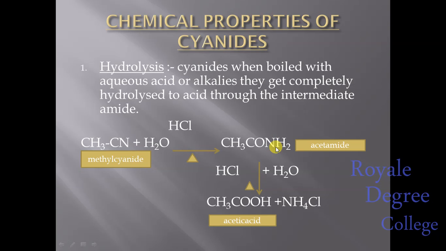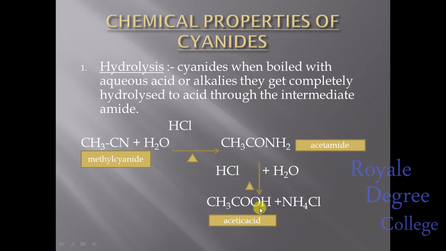Okay. In acetamide, hydrolysis reaction will take place. We are adding the water molecule and we are adding acid also, hydrochloric acid, and we are providing heat. Here the HCl is also taking part in the reaction. What is happening here? From acetamide, this NH2 group is coming out. In place of NH2, to the CO, OH is going to attach from the water molecule.